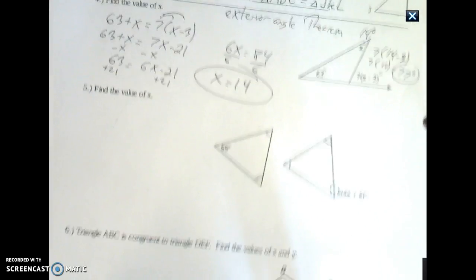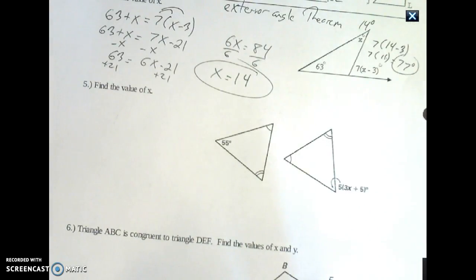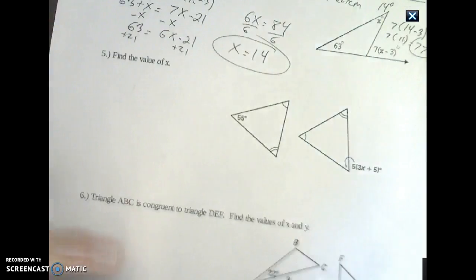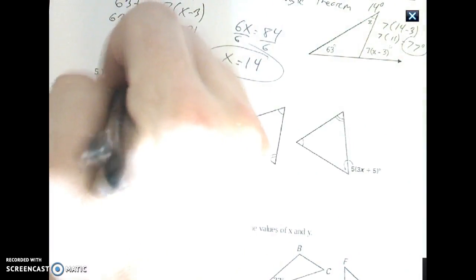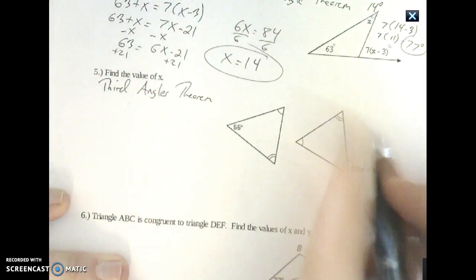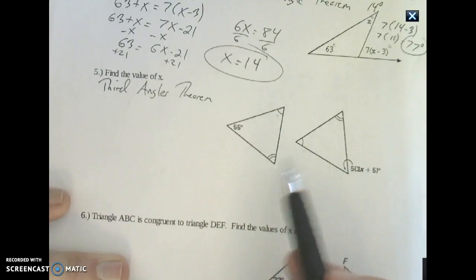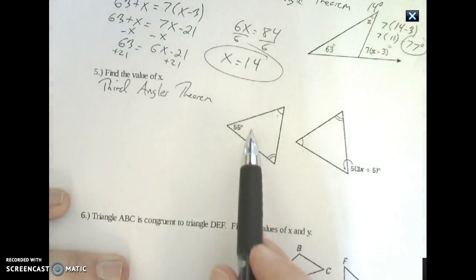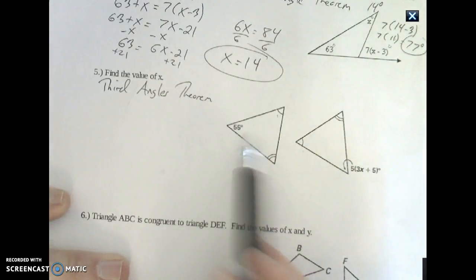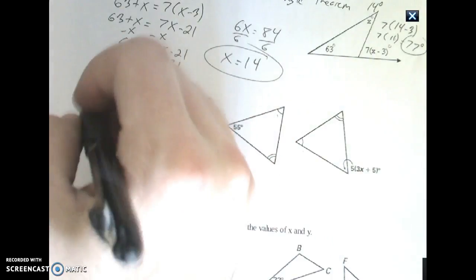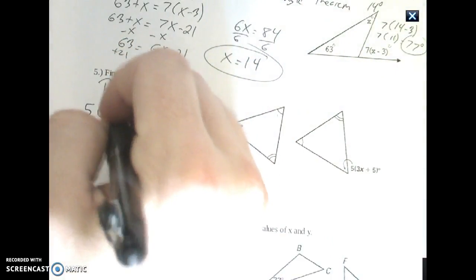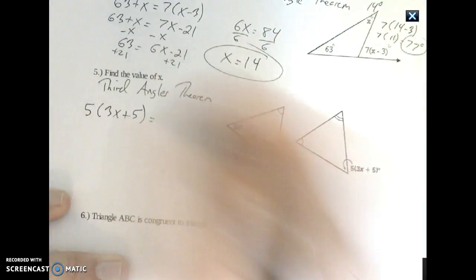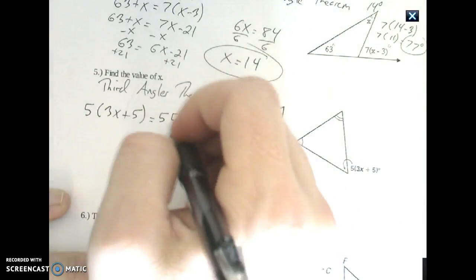Okay. Find the value of x. Now, this is the third angles theorem. One arc, one arc. Two arc, two arc. That means the last ones have to be equal. Alright? So I can make up an equation here. 5 parentheses 3x plus 5 will equal 55.